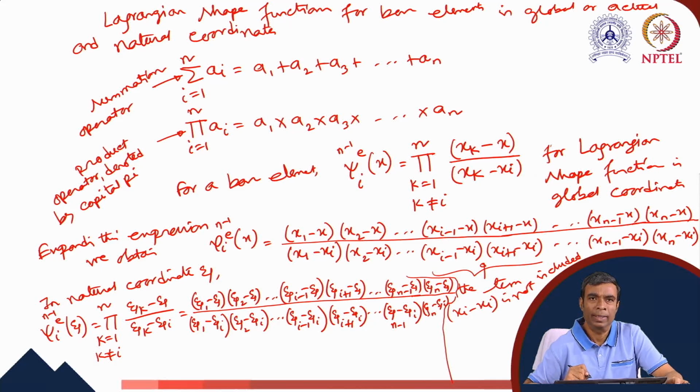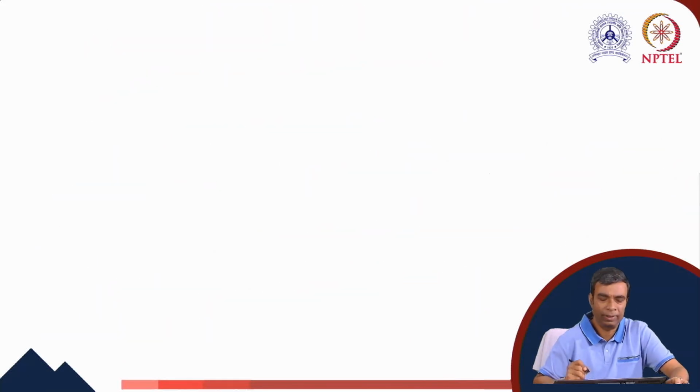Now the expressions for shape functions of two-noded bar elements can be used to construct the bilinear quadrilateral master element in the natural coordinate system.